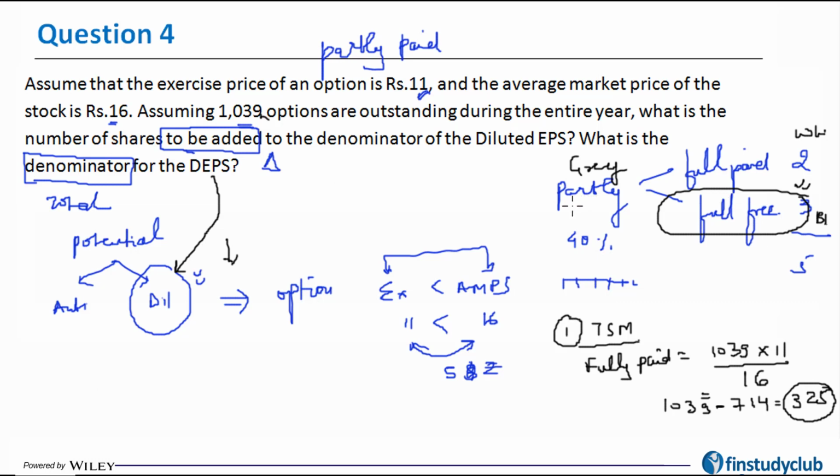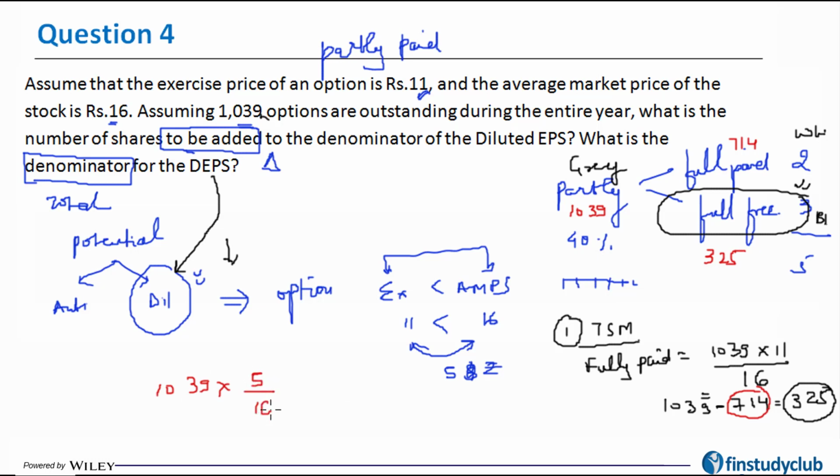So here I am being able to divide. So 1039 options have been partly paid up. Out of that, the fully paid up number that I got was 714, because the money that I have got on 1039 options was equal to only 714 shares if fully paid up, and the fully free portion is the remainder of the two. Okay, the other way to look at this is 1039, out of that, how much is the discount which is being offered?